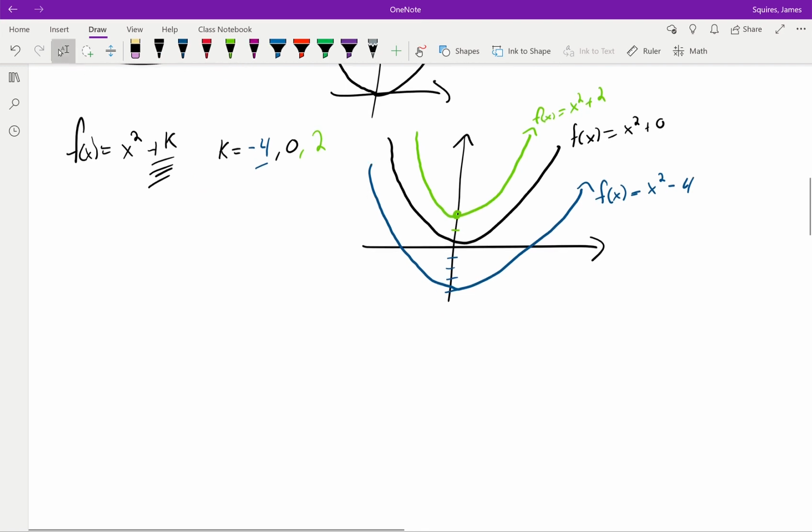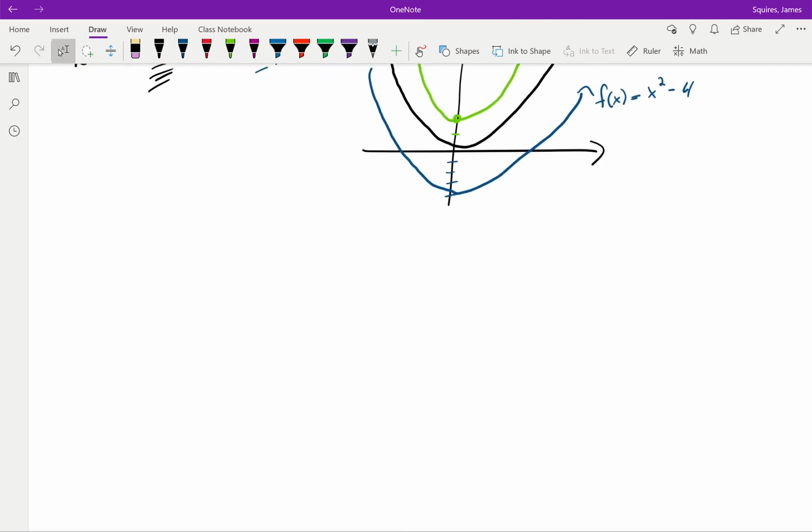Alright, so let's think about horizontal shifts. If we have f of x equals (x plus k) squared, let's do this for similar values of k: -4, 0, and once again +2.